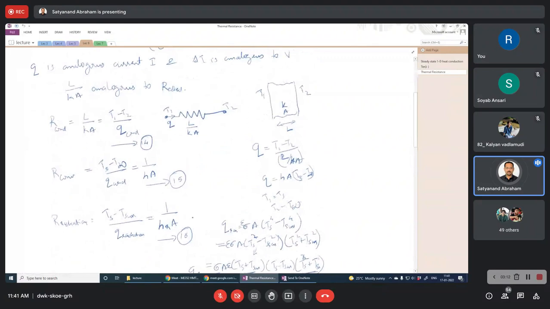So the thermal resistance for conduction is L by KA, which is equal to T1 minus T2 divided by Q conduction. In the same way we can write it for convection and radiation.